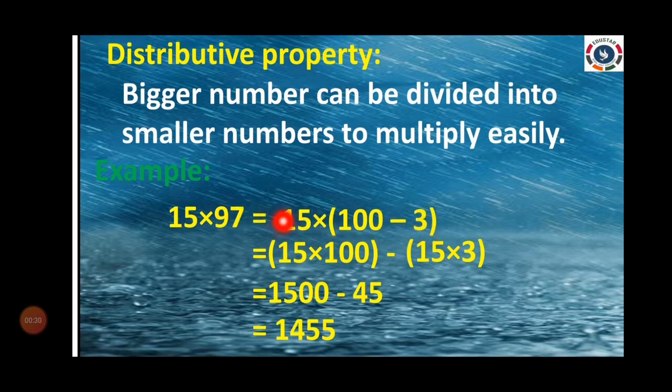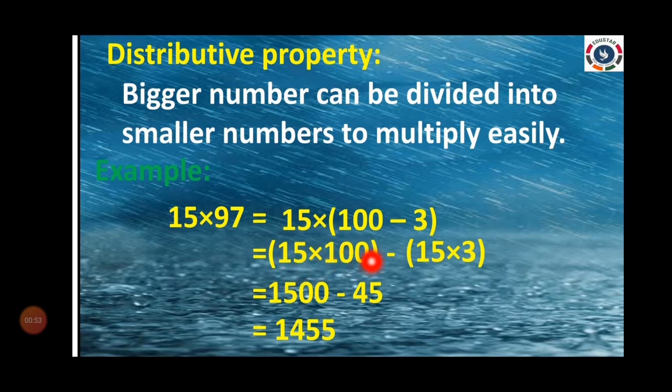Now you are going to multiply 15 by each number. First you multiply 15 into 100. Write it inside the bracket. Then write the minus sign. Then again you multiply 15 with the second number. So 15 into 3. Now next step, you multiply these two things. 15 ones are 15.